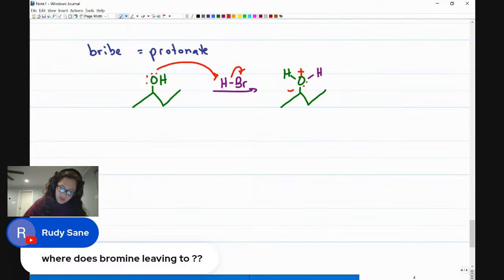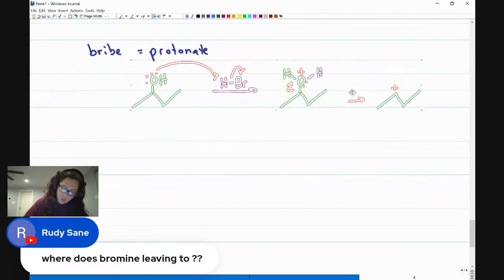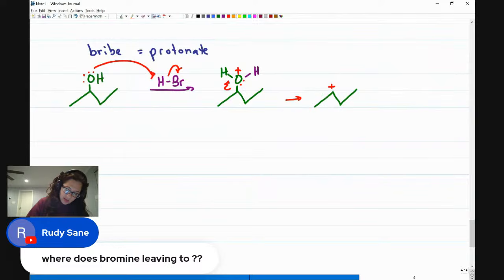Now, if this molecule were to leave, I get a very stable carbocation, well, a stable enough carbocation, but I also get a water molecule in solution that is way more stable than an OH minus in solution. And that water molecule is the green oxygen, the green hydrogen, and that purple hydrogen, neutral, happy. So that is one way to get rid of the alcohol.